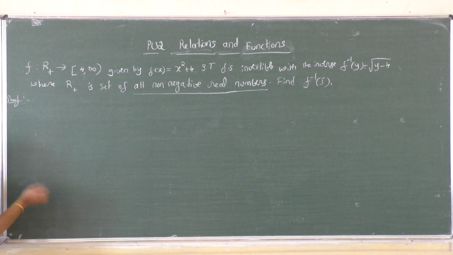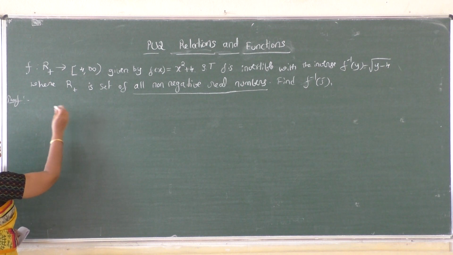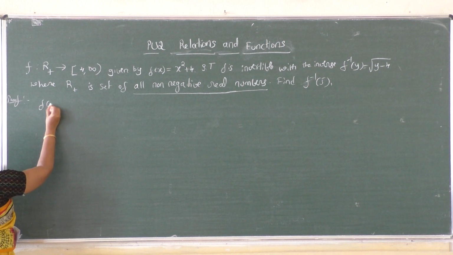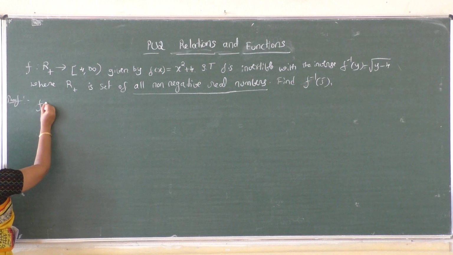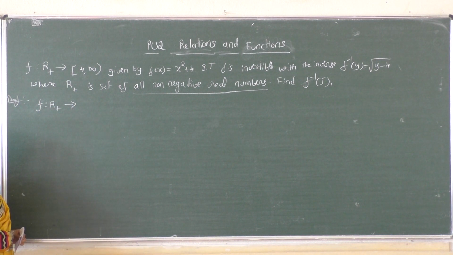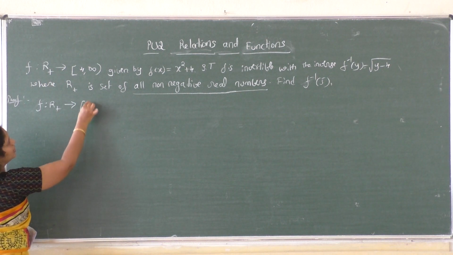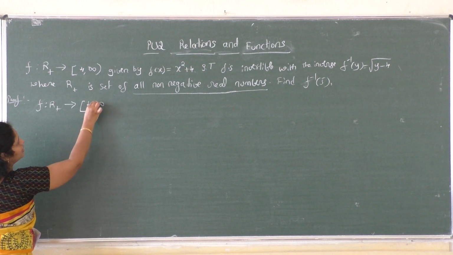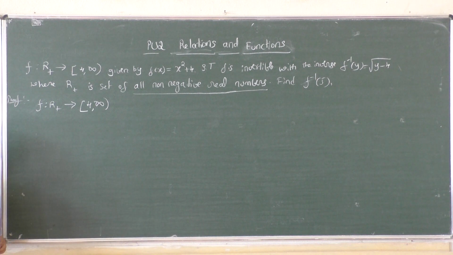Okay, now we will write the given function f, first from R plus to the half open interval 4 comma infinity. That is the given function. You have to write the function first, whatever is given.